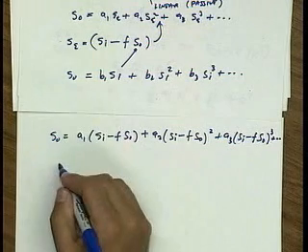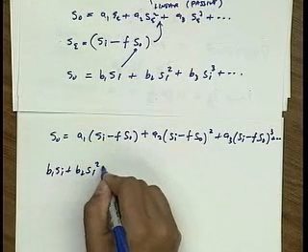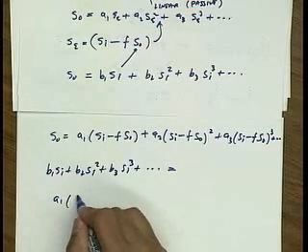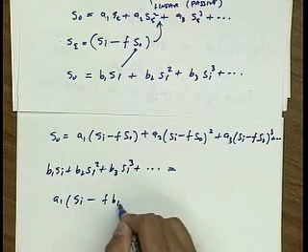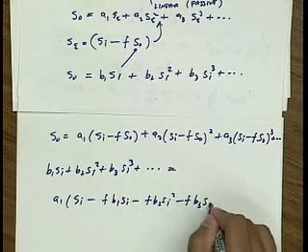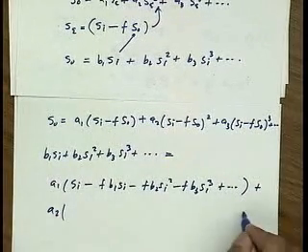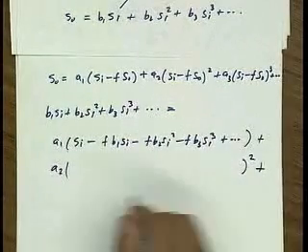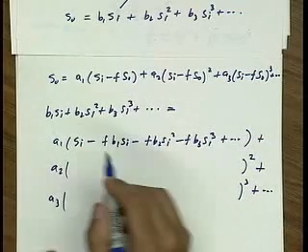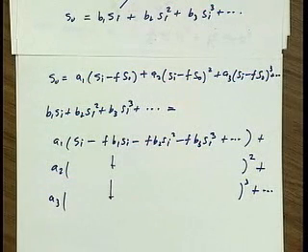On the left-hand side, I'll have B1 S input plus B2 S input squared plus B3 S input cubed, equal to A1 (S input minus F B1 S input minus F B2 S input squared minus F B3 S input cubed) plus A2 squared, plus A3 cubed, and then we'll stop there. Any questions about what we're doing? Does it seem clear?